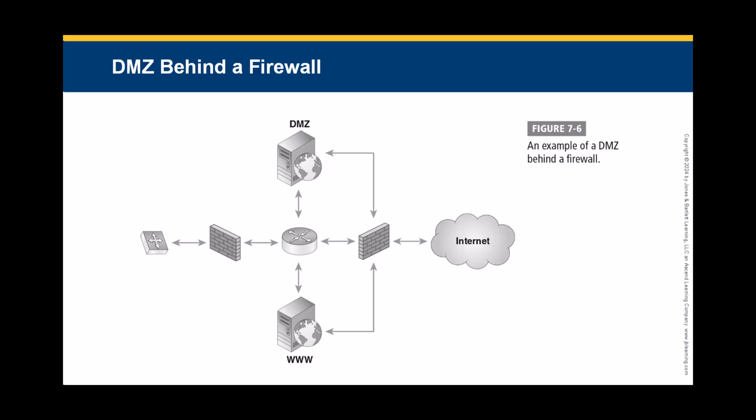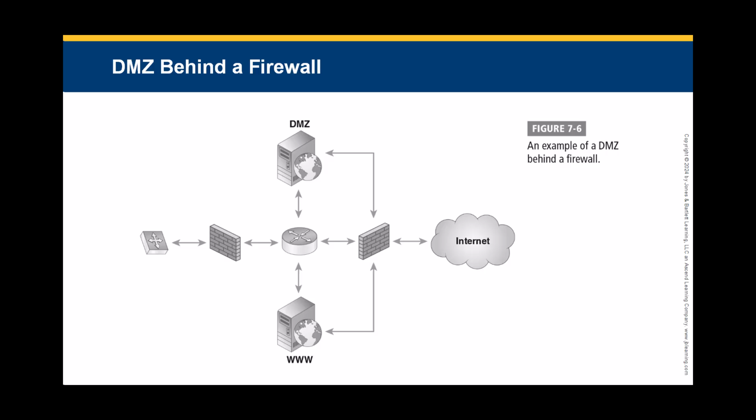Direct access from the internet to internal systems is never allowed. At the center of the diagram, we see a routing or switching device, which manages traffic between network segments. This device enforces segmentation, ensuring that traffic follows approved paths and cannot bypass security controls.